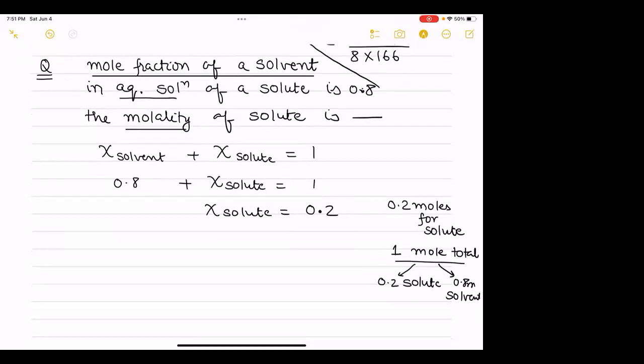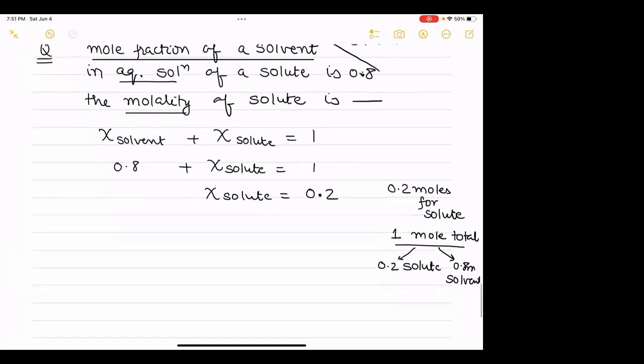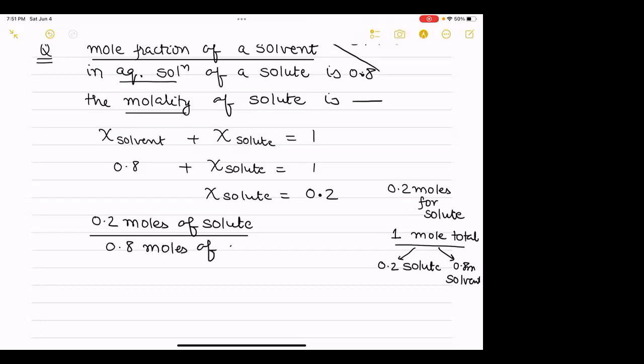So 0.2 moles of solute divided by, total moles were 1, but out of those total moles, 0.8 moles were there for the solvent.